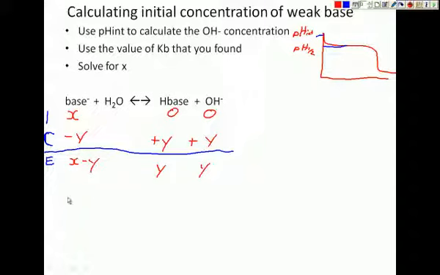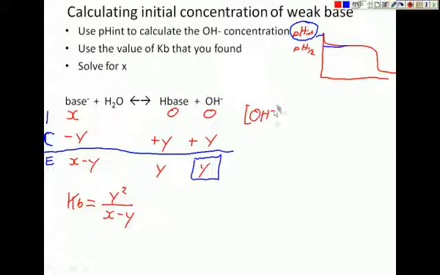If I come up with a Kb formula, it's going to be Kb equals Y squared, because Y times Y, products over reactants, over X minus Y. Now, how do we calculate this Y? We can calculate it from pH initial. This is the concentration of OH at this point right up here.